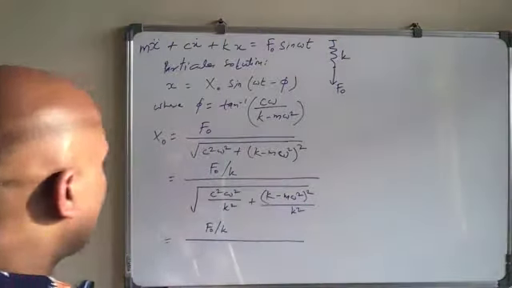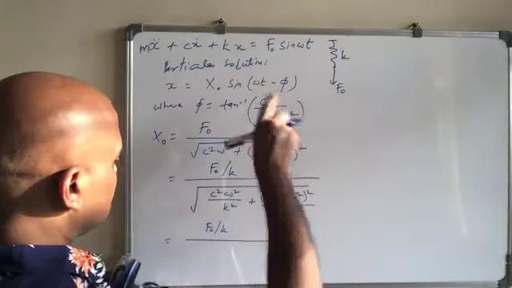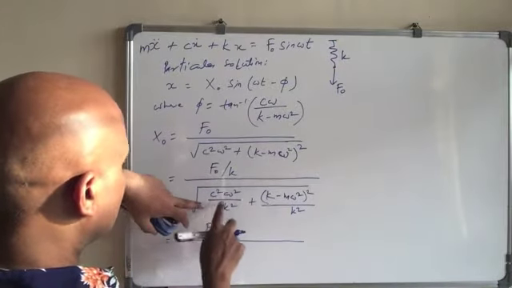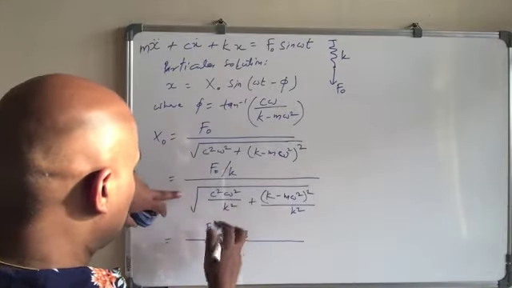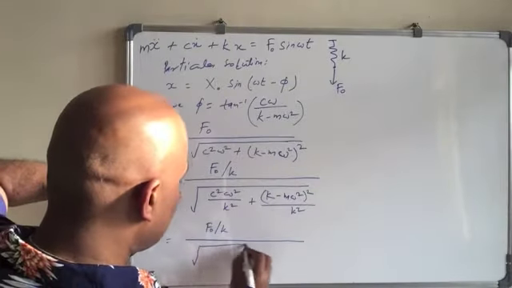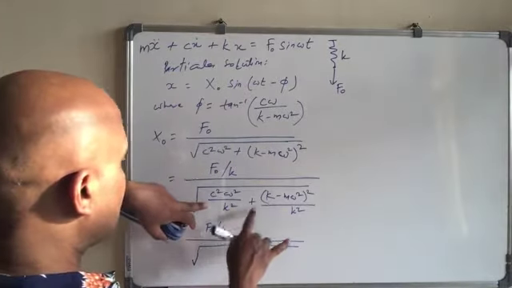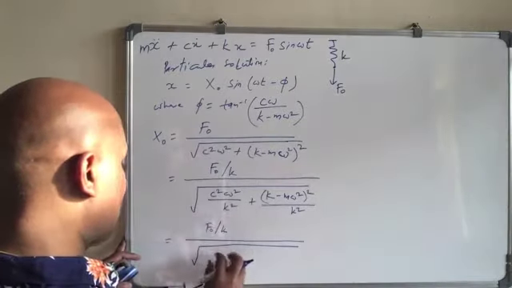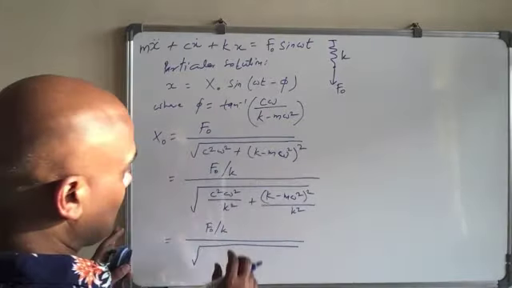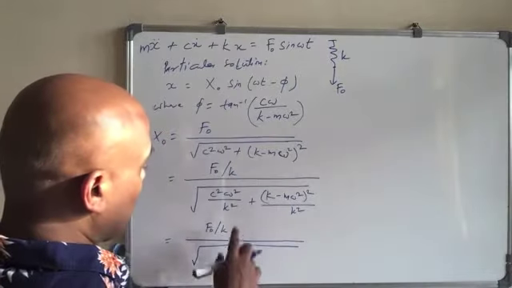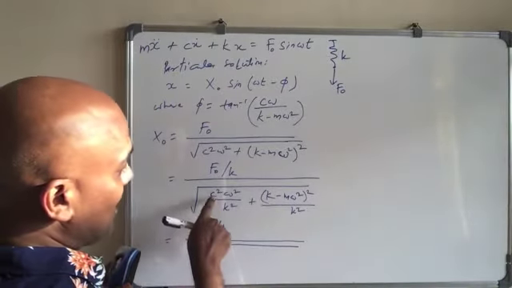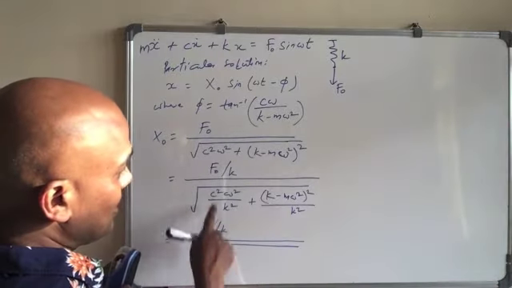Which is equal to F naught divided by k, and then under the root, this value we can write further in terms of the properties. We have c here.